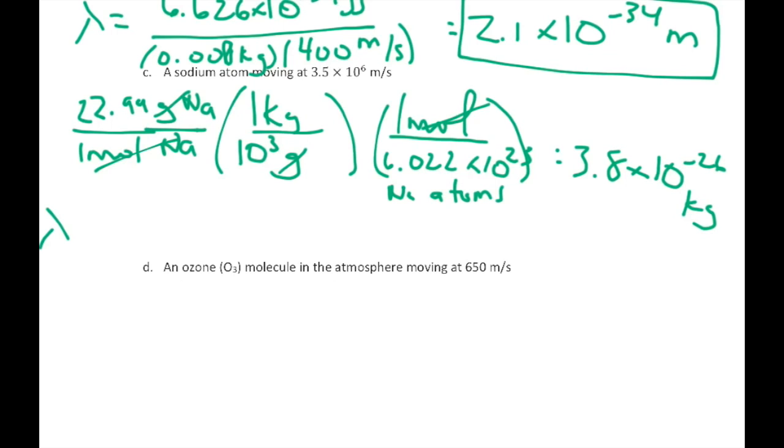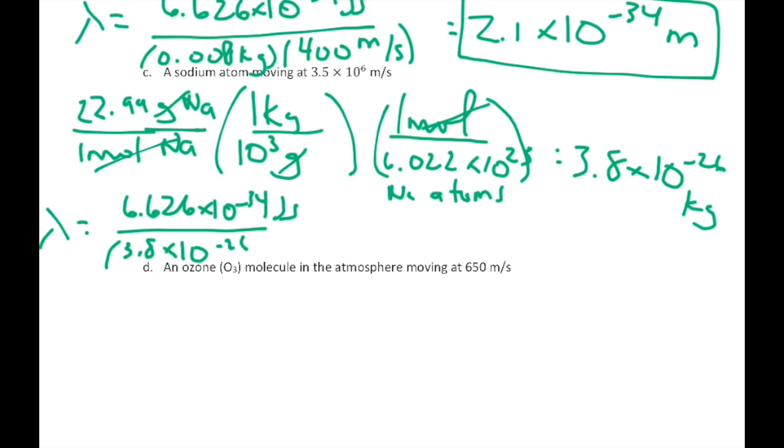So luckily our speed's already converted. So now we plug in again. We have h. That's Planck's constant. We divide by our mass, and our speed is 3.5 times 10 to the 6th. And our answer will be again in meters.